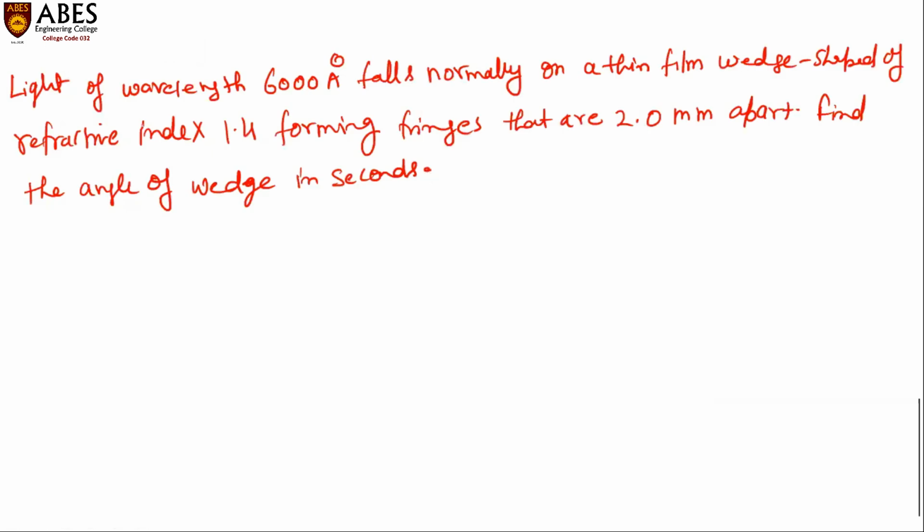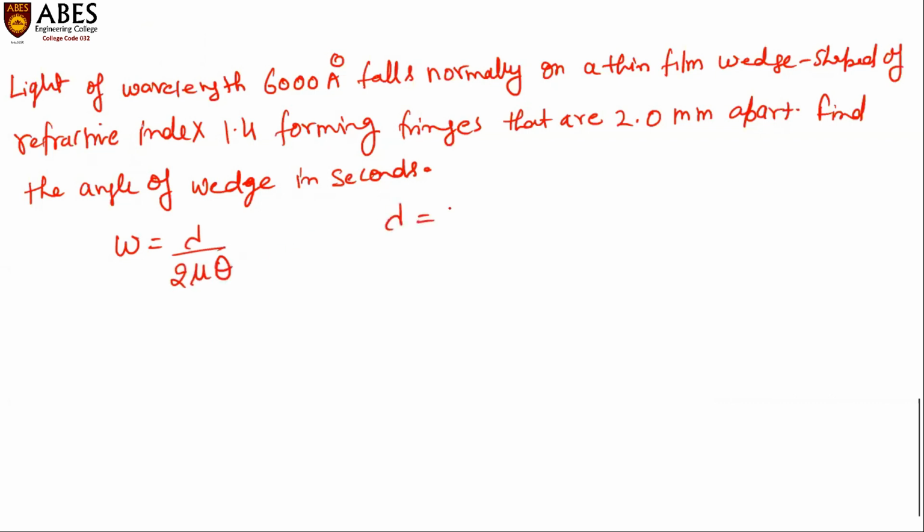Light of wavelength 6000 angstrom falls normally on a thin wedge-shaped film having refractive index 1.4, forming fringes that are 2 mm apart. Find the angle of wedge in seconds. Okay, we know the formula: omega is equal to lambda by 2 mu theta.